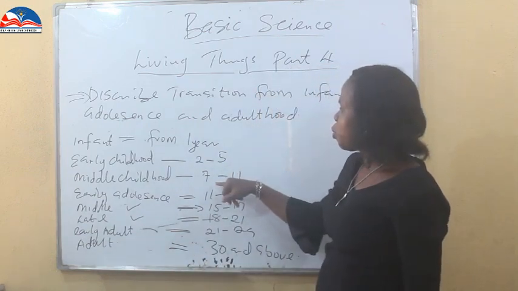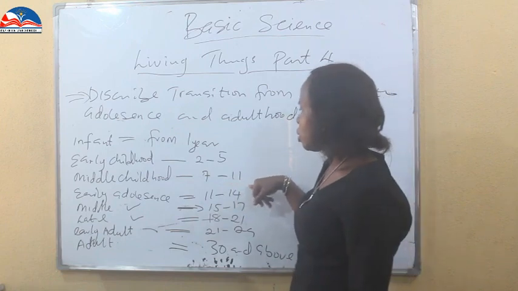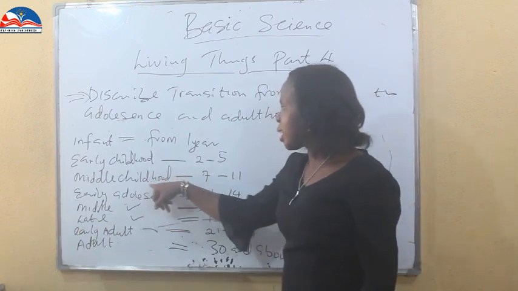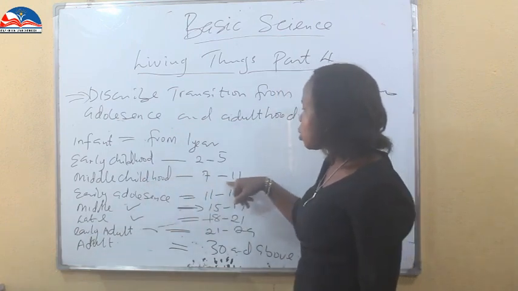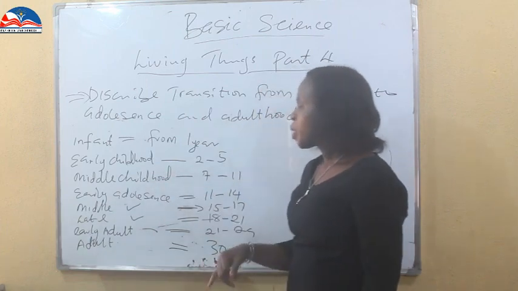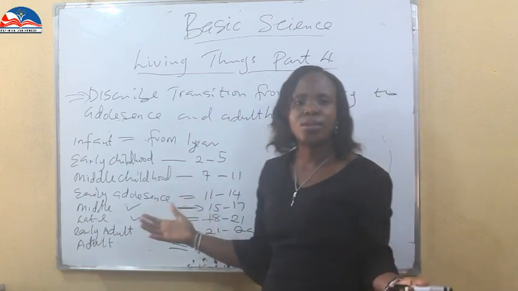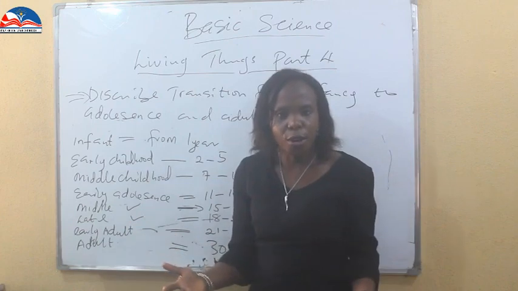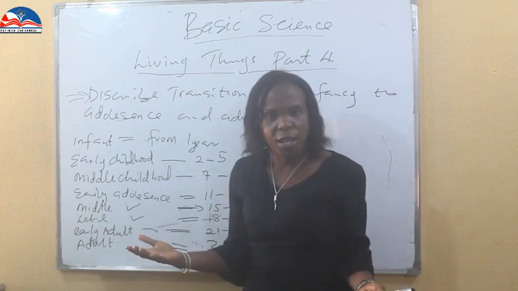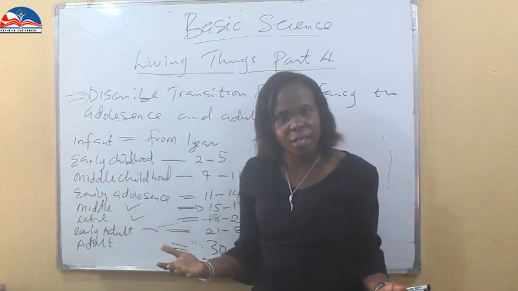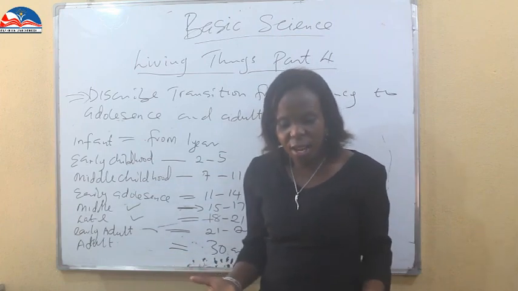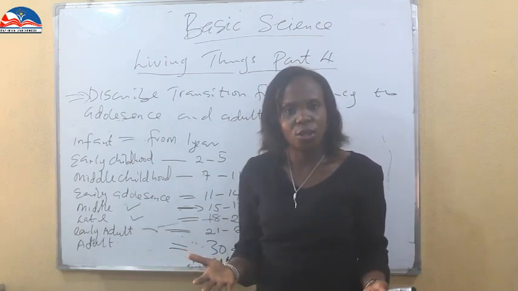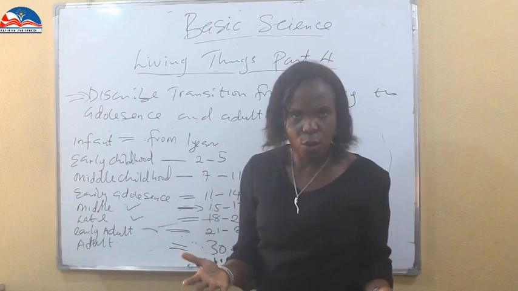Then the middle childhood is 7 to 11. At this age, the child goes to school, socializes with other individuals, sees the open world around, sees how vulnerable and how defenseless he or she is, and how he or she can adjust to the world they have come to.